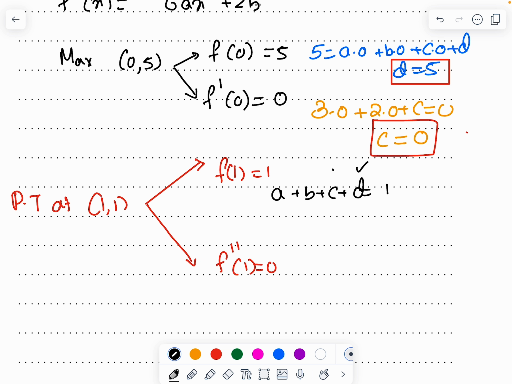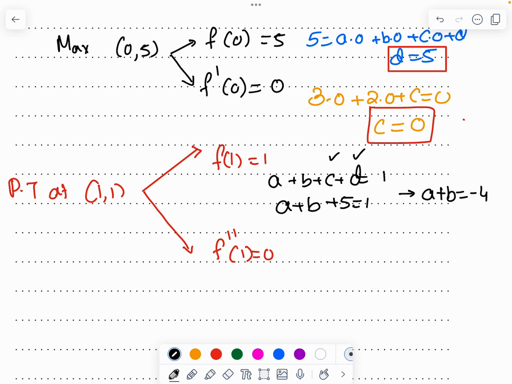You know the d value and the c value, so a + b + 0 + 5 = 1. So the equation is a + b = -4. This is one equation. Now substitute in the second derivative and set it to 0: 6a + 2b = 0, so this gives 3a + b = 0.